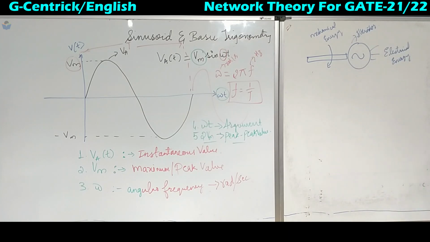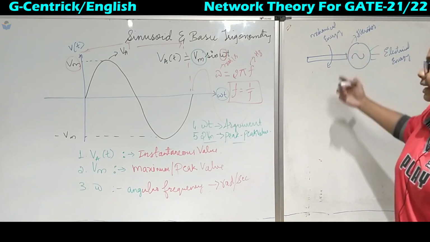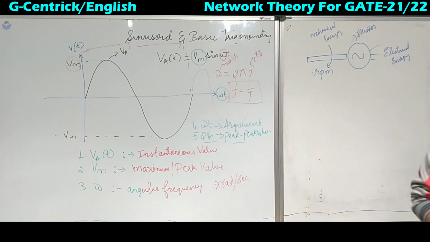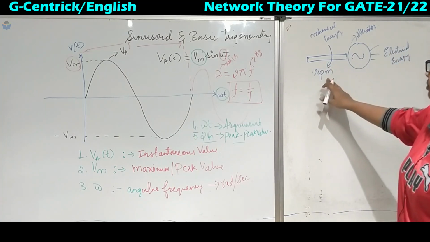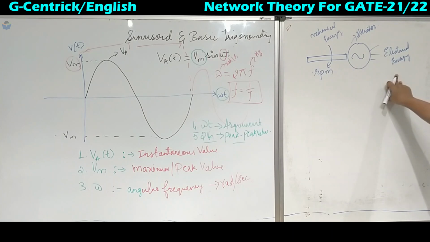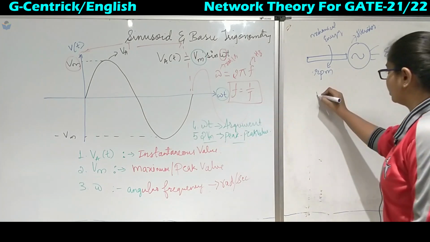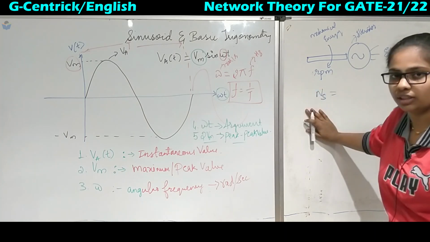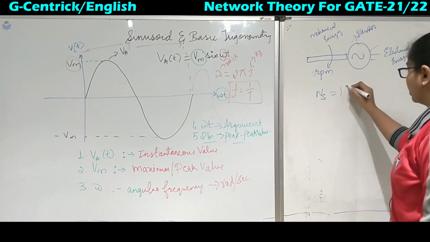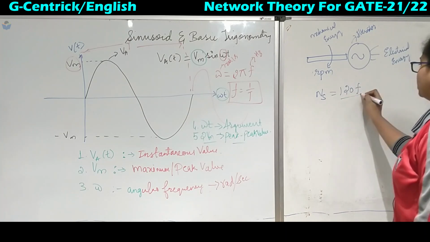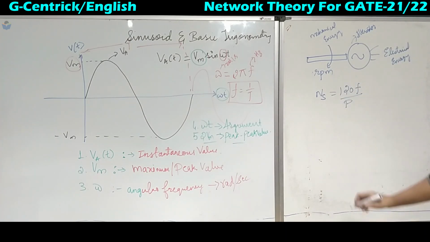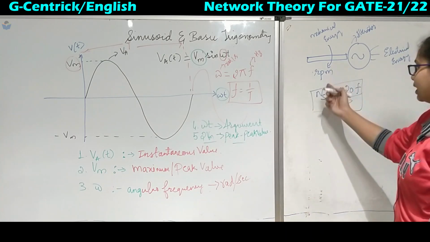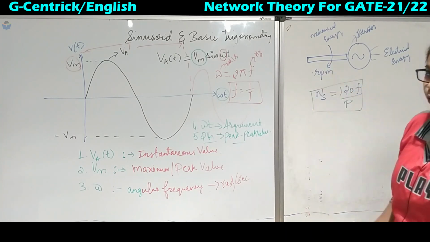If it is rotating at a certain speed, we call it RPM. This RPM is connected to electrical energy and the frequency with the formula called synchronous speed, Ns equals 120 f upon P. This is the formula relating frequency and mechanical energy, the synchronous speed, with the rotation.